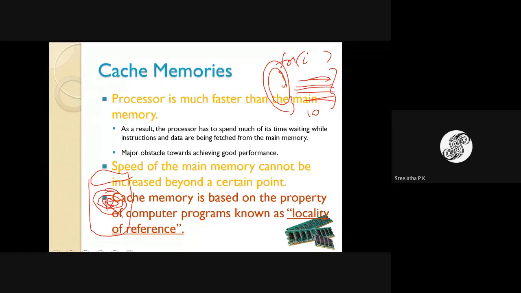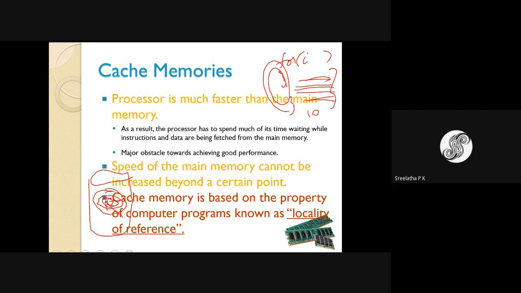RAM is also empty. Now I access one particular instruction, so that block of words of the primary memory is copied to cache memory, and the instructions are executed. All the nearby instructions are also copied to the cache memory.